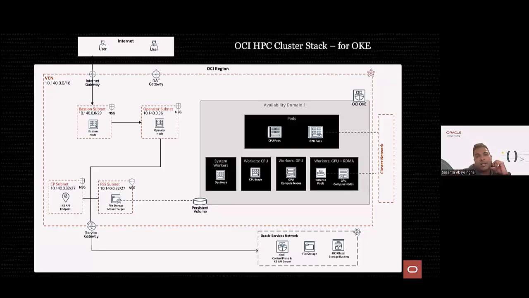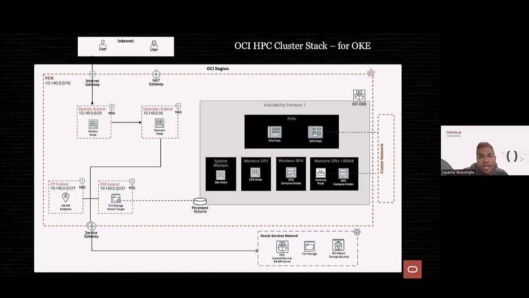From there, I SSH into the operator instance, where everything is installed, for example kubectl and all the commands and software. And from there, I directly jump into the Oracle Kubernetes cluster.